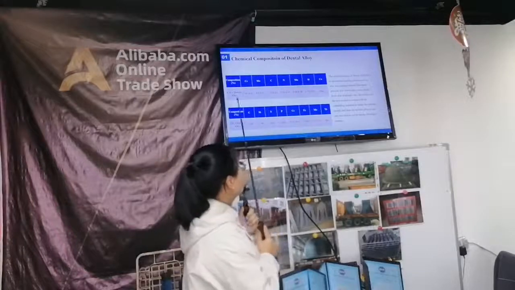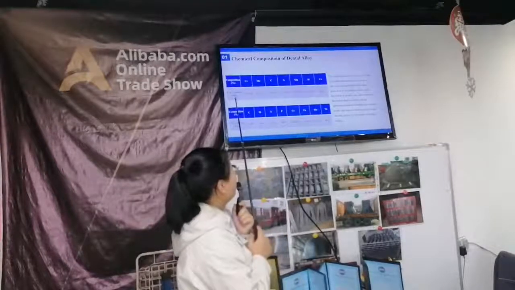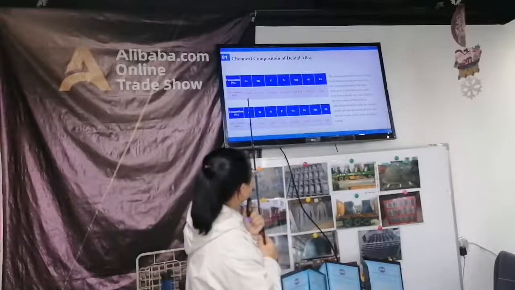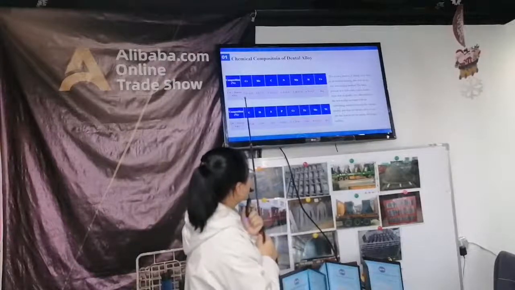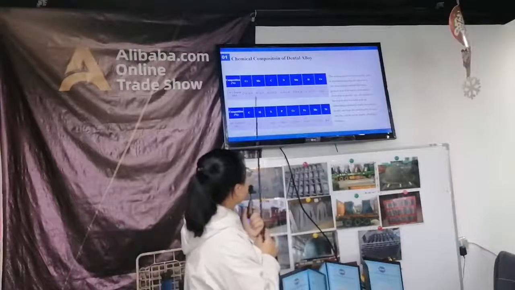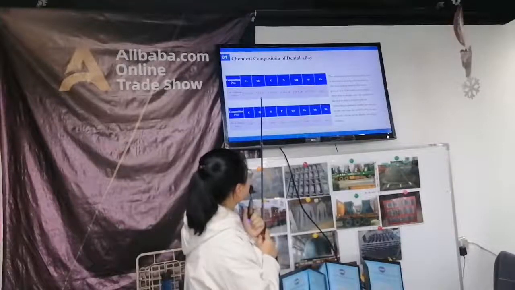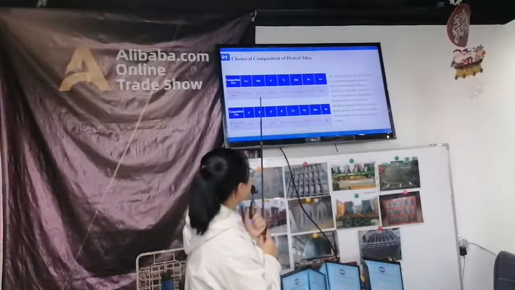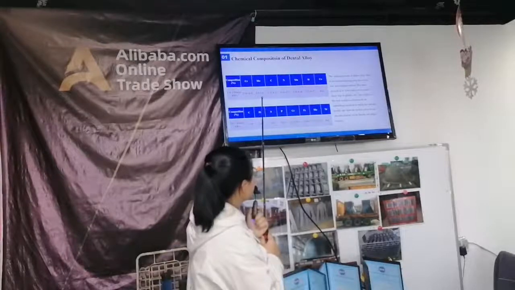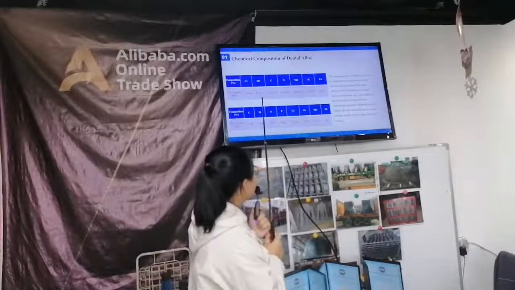This one is cobalt chromium dental alloy. For chromium, it's 27 to 30%. For molybdenum, it's 5.0 to 7.0%.